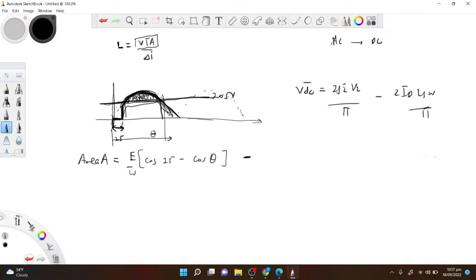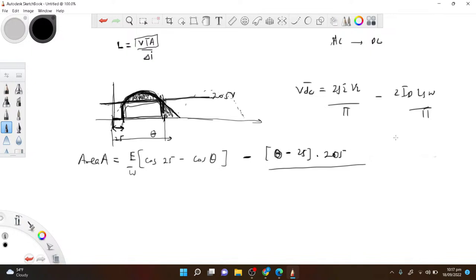Minus the area of the rectangle, which is given by length times breadth. The length is this angle minus this, so theta minus 25, multiplied by the breadth. The breadth is this distance, from here to here, which is the height 205. Now this distance is in angular displacement.